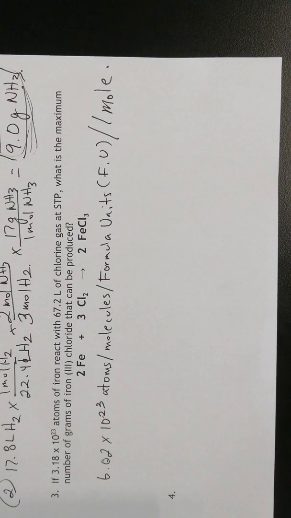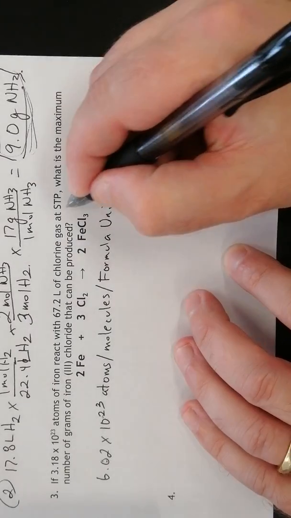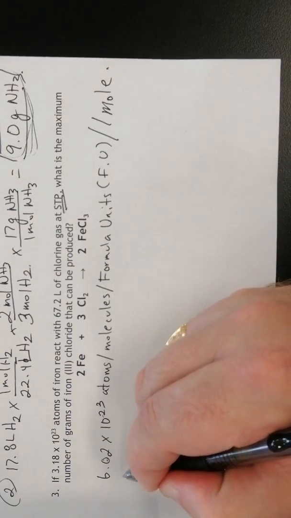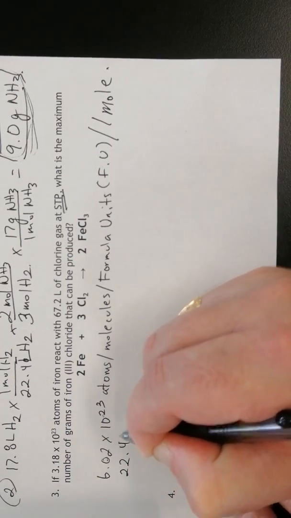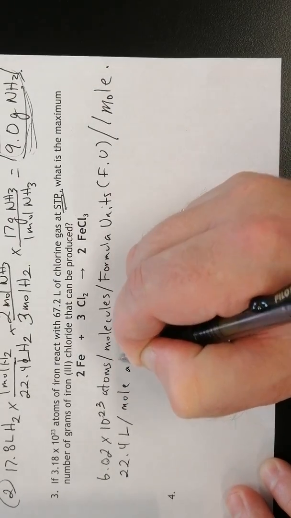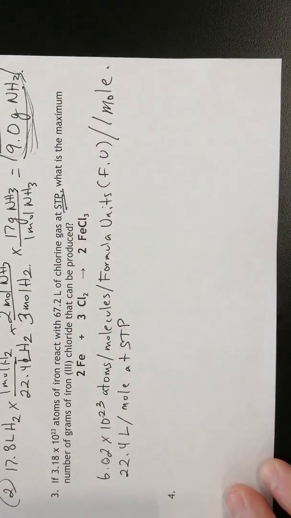It says if 3.18 times 10 to the 23rd atoms of iron react with 67.2 liters of chlorine gas at STP, that's important, because we'll be using our 22.4 liters per mole at STP.